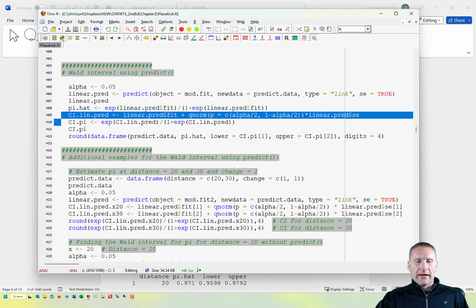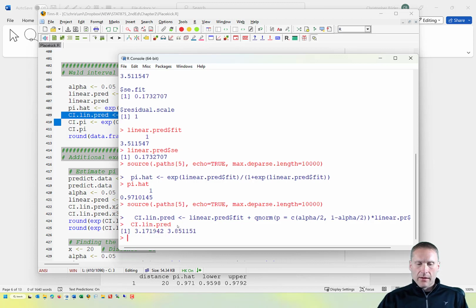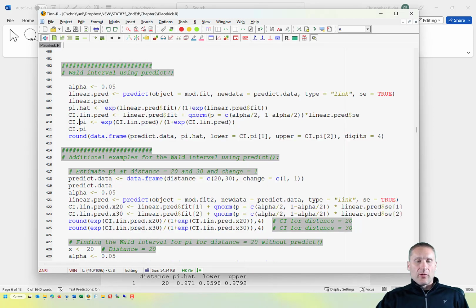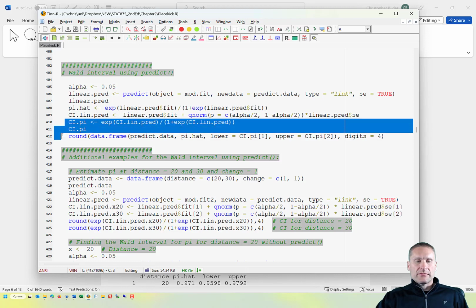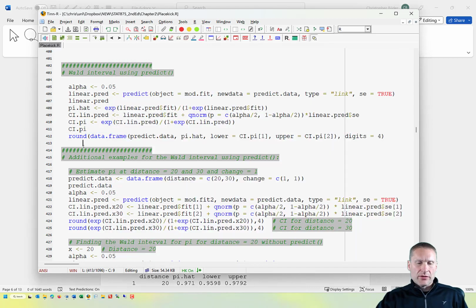And so here's my confidence interval for beta 0 plus beta 1 times x, or in other words, logit of pi. To find the confidence interval for pi itself, I use that transformation that involves the exponential function. And there's my confidence interval. So I'm 95% confident that the probability of success for a place kick at 20 yards is between about 0.96 and 0.98. That would be the standard interpretation.